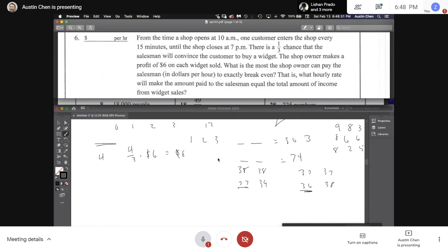Right, Bill? Do you know if they only accept like two decimal place money stuff? I think you should just put .00 just to be safe. I don't think they're gonna count it wrong. Okay. Yeah, I would put it to be safe.